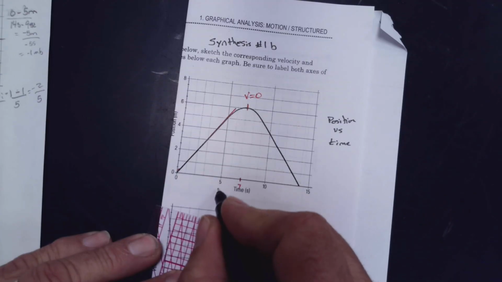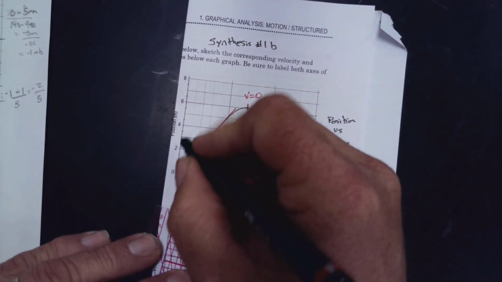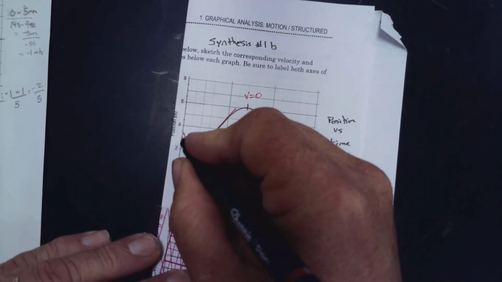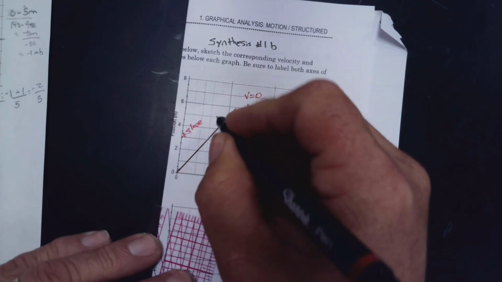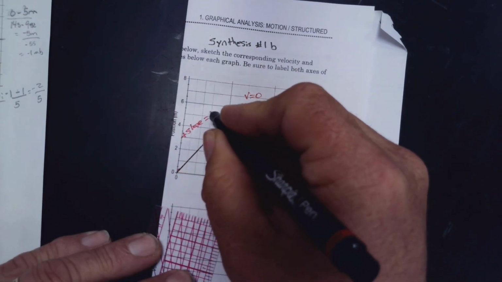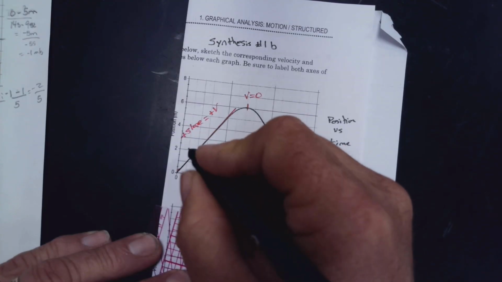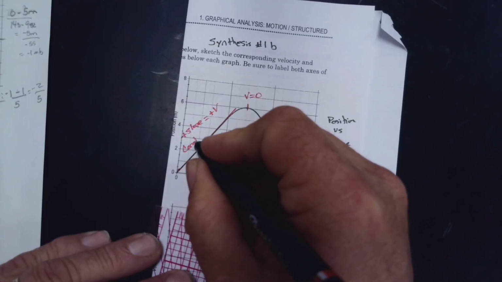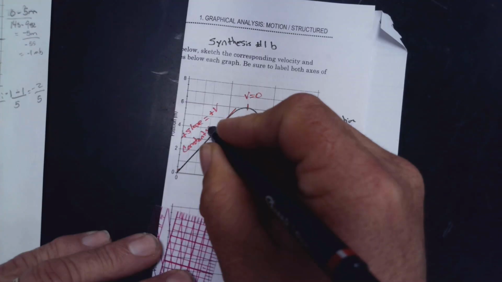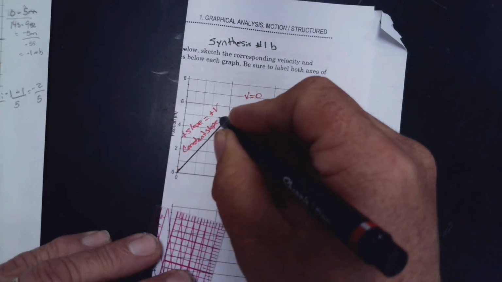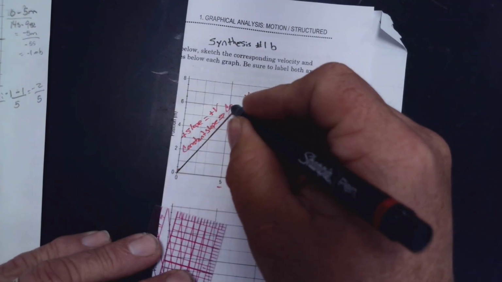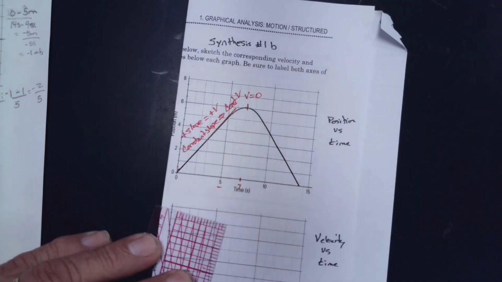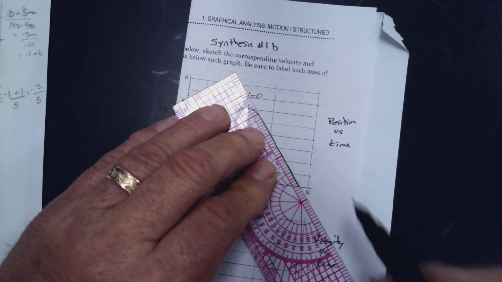It's going to change at 5 seconds. So I have a positive slope, which means I'm going to have a positive velocity. I have a constant slope, which is going to translate into a constant velocity.